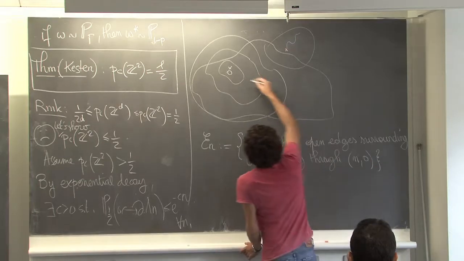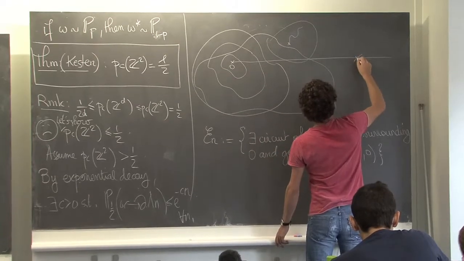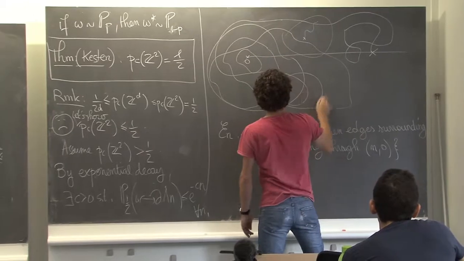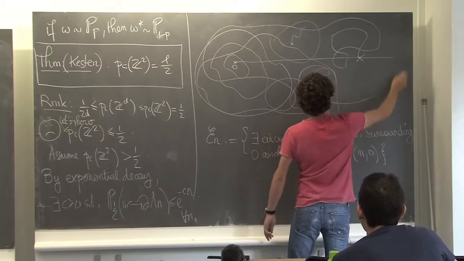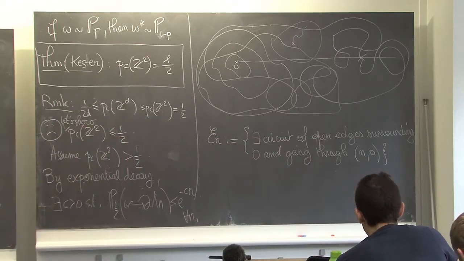Okay, so I index my events like that, and E_n is the event that there is a circuit, doing like that. I'm not assuming it's a self-avoiding walk circuit or anything like that. There is a circuit which is passing through this vertex.